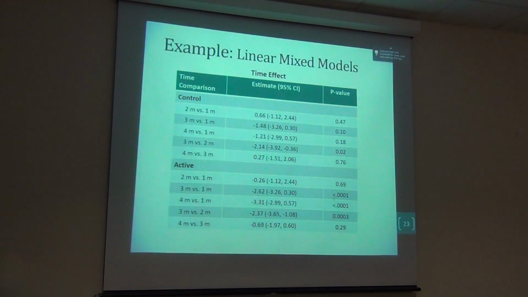And there's significant difference between these time points. Okay. So the mixed model gives you a lot of flexibility. You can estimate the treatment effect, you can estimate the time effect, and you can make any kind of time comparisons that you want to from the mixed model.